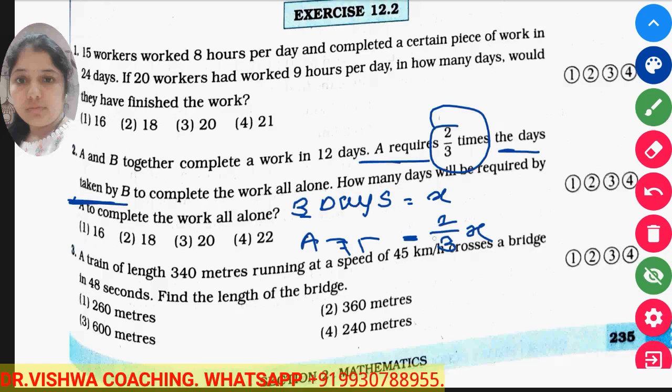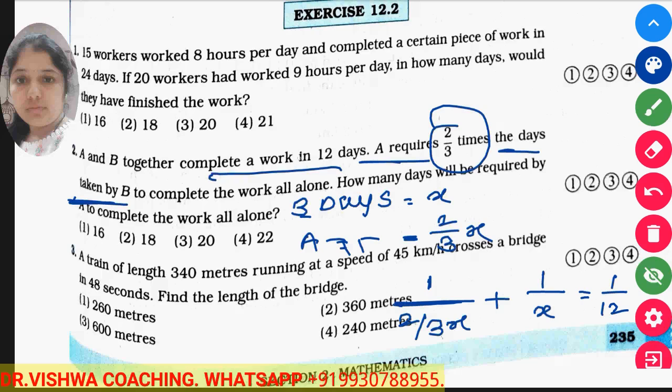Now, one work for one day. A works at the rate of 1 upon 2 by 3 x, and B works at the rate of 1 upon x. Together they do 1 upon 12, because in 12 days they complete the whole work.